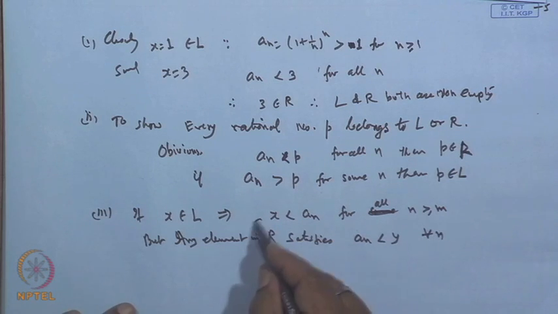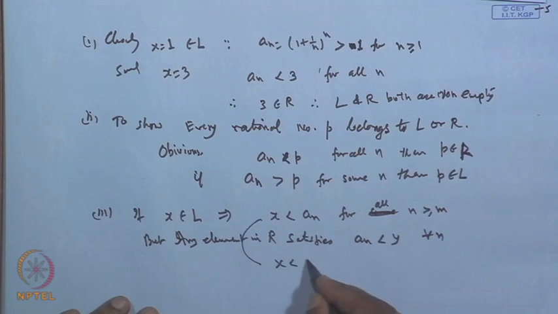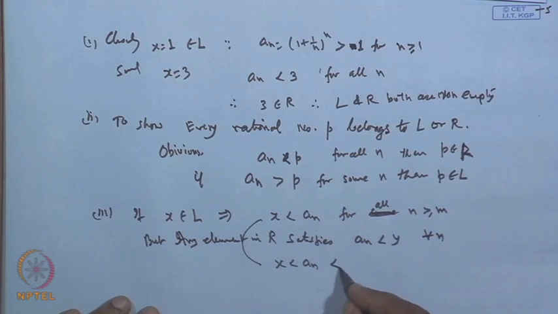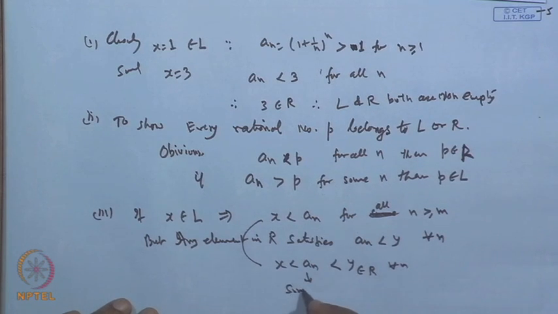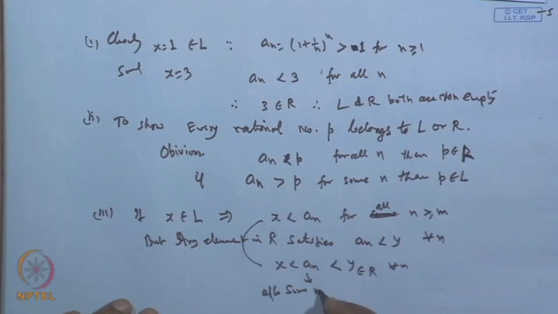So, x is less than a_n for some n, but a_n is less than y if y is an element in R. This is true for every n; after some n, m onward, this will always be less than y.